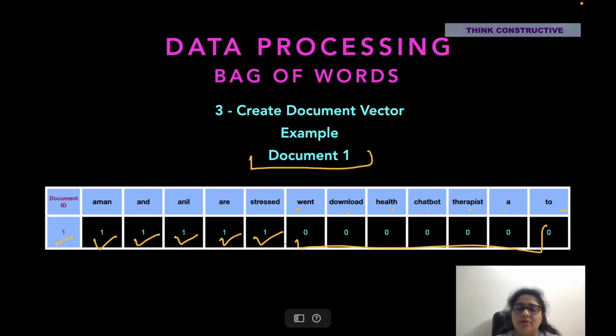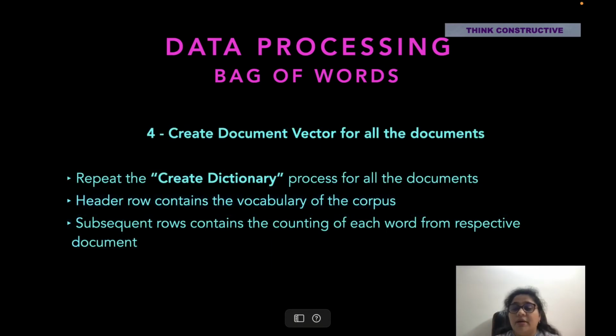We'll move from here. What is my last step? Create the document vector for all the documents. Similar process, what I meant was what we just talked about. The third part of the bag of words algorithm, create document vector.